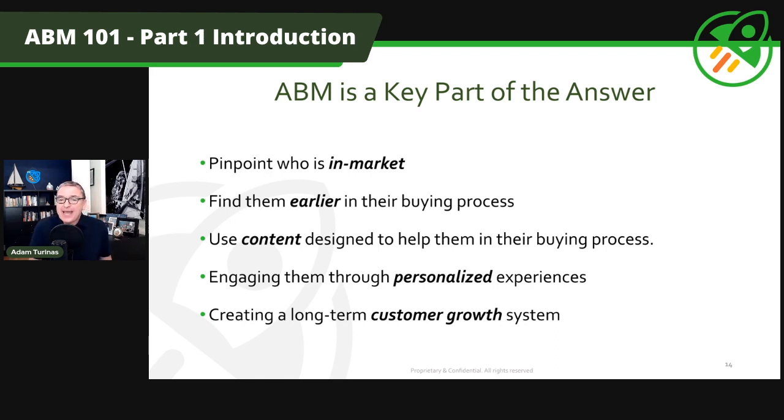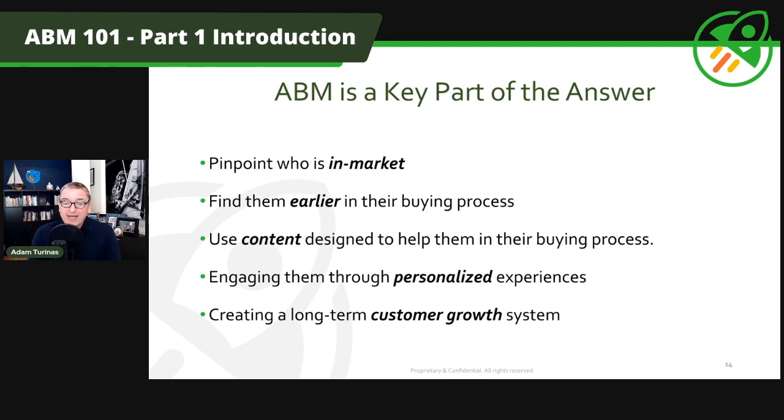Now, ABM is a key part of the answer of how you can develop a better process. ABM is about several things. At a high level, it's really about pinpointing who is in market, finding them earlier in their buying process, using content and other tactics designed to help them in their buying process. So basically, and I'll come on to this in the ABM principles, it's marketing to them the way that they buy.